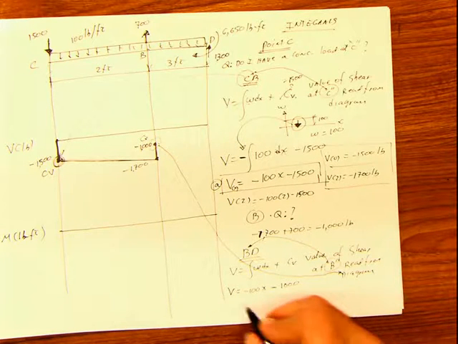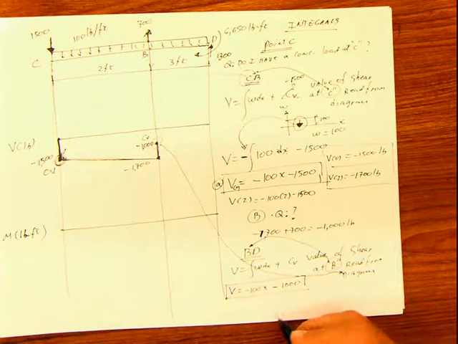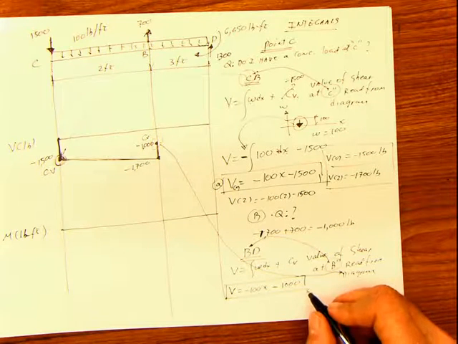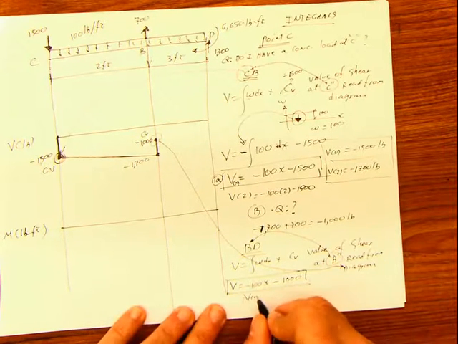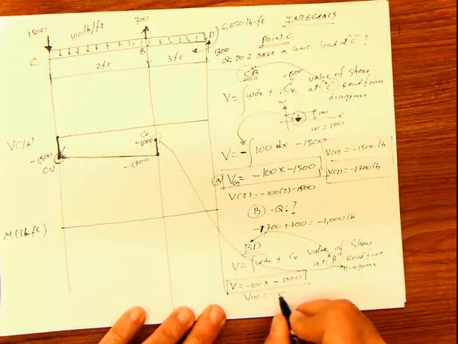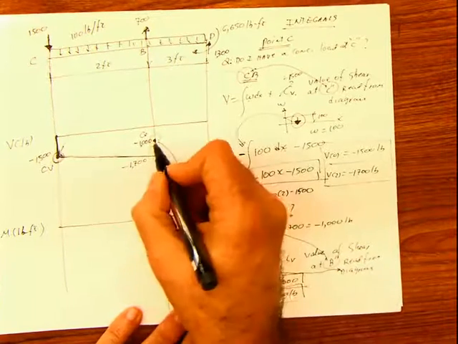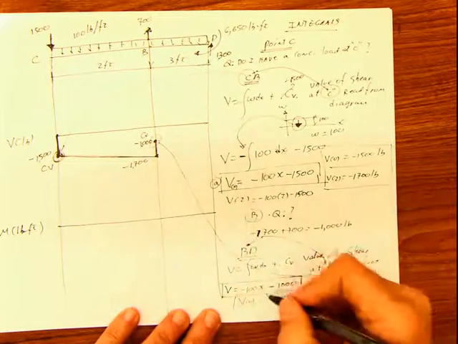Okay. And this is the equation. Now what do you do now? You do for x equals 0, then you do V of 0, and this is negative 1000 pounds, which is this value, and we already calculated before, right?